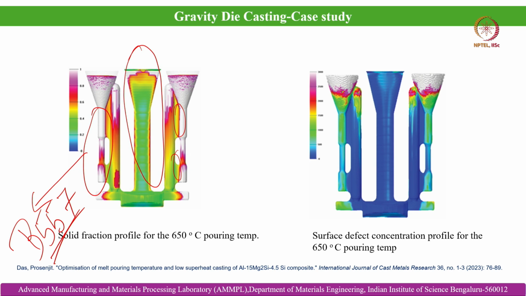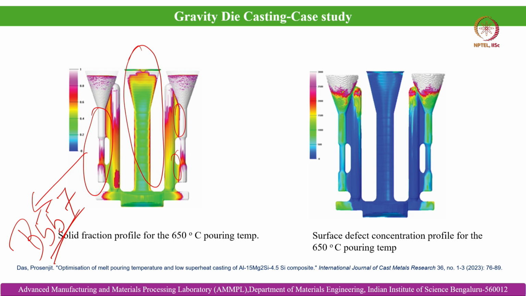According to that standard, this die has been designed, and details like in-gate dimensions and runner dimensions are optimized based on the die filling study. Those results are shown to you now.